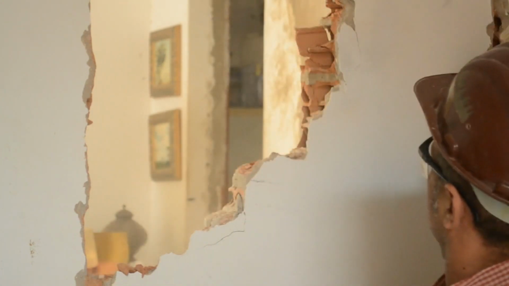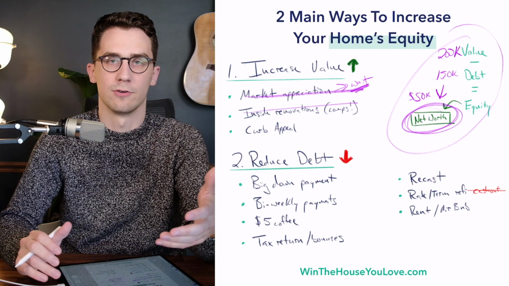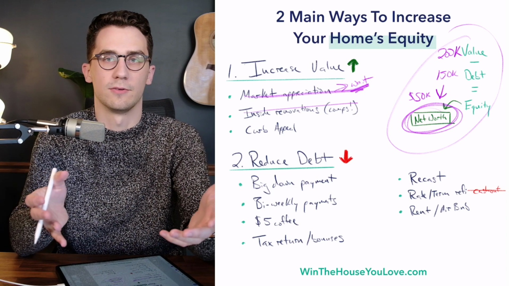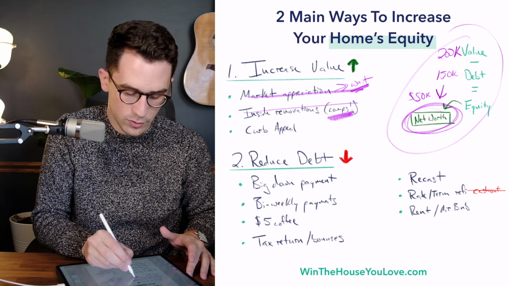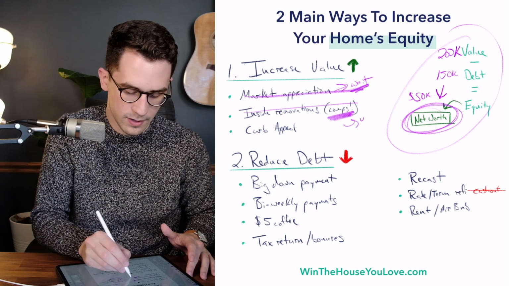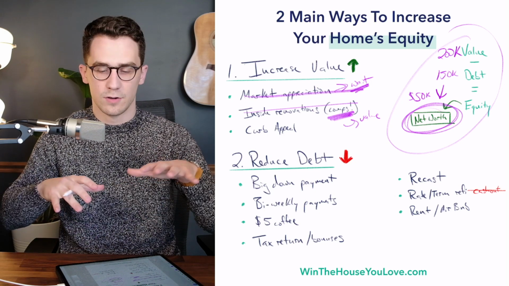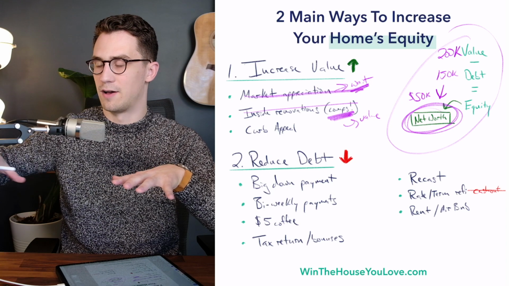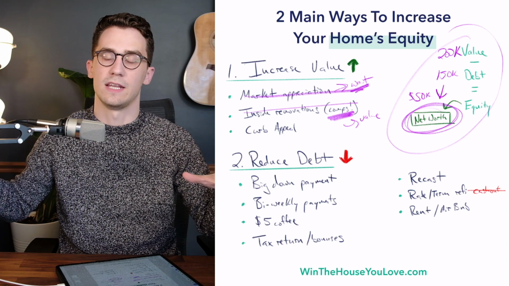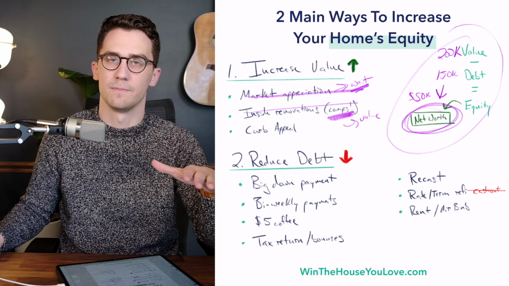Something to be careful of with these renovations is you don't want to put a granite countertop in an $80,000 house, because you need comparable sales to support the value of the property. If your home is worth $80,000 and all the other homes in the area are worth around $80,000, you don't want to put a ton of additions into the kitchen.